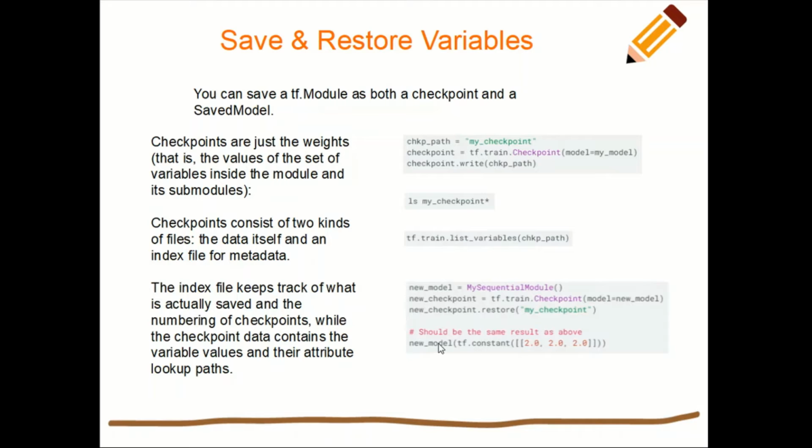Once it is restored, we can call it like any model: give it tensor data, and the model will calculate a computation on those things. So that is the first option, checkpoint, where we are saving only the weights which are there in the model.